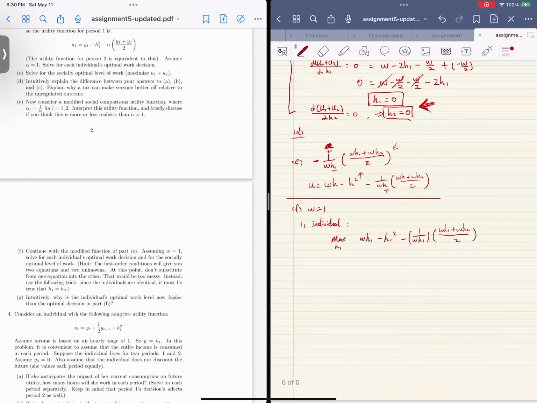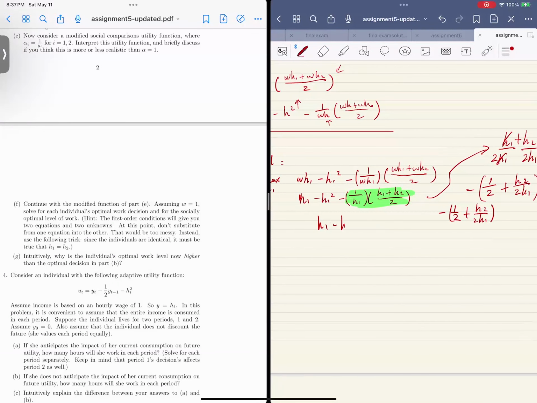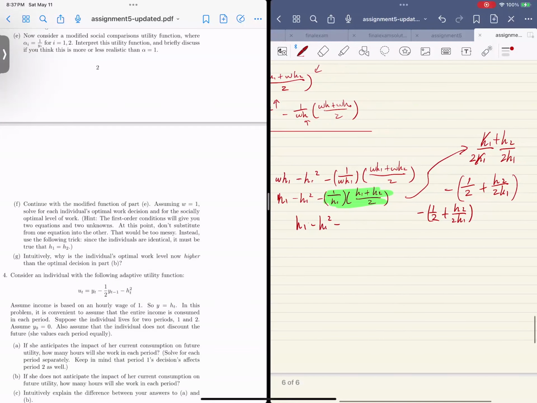So how do we maximize it? If W equals 1, we have H1 minus H1 squared minus 1 over H1, times H1 plus H2 over 2, which is minus H1 over 2 minus H2 over 2H1.